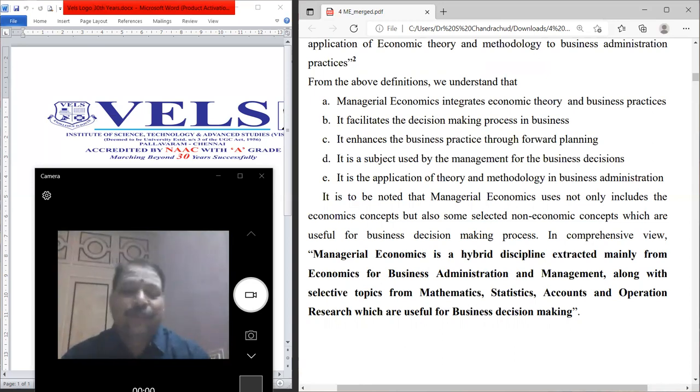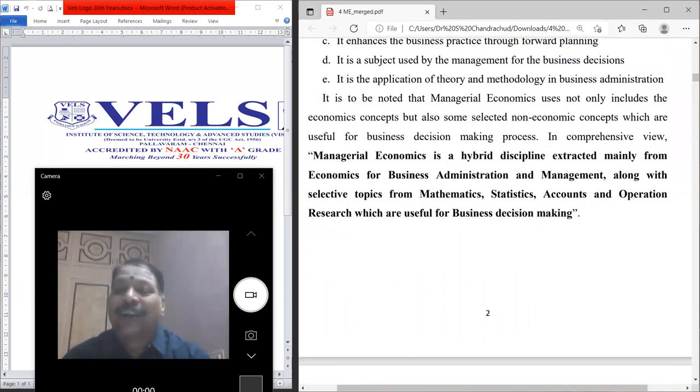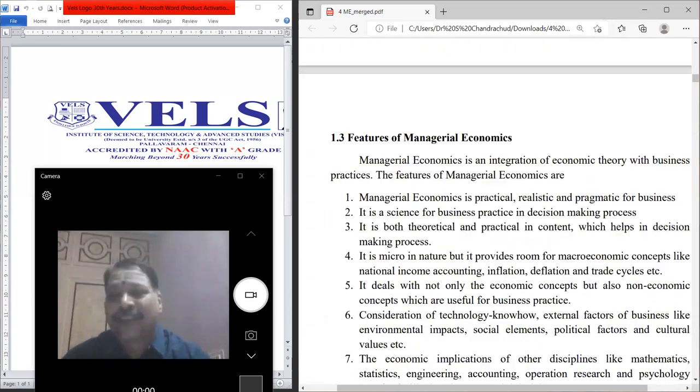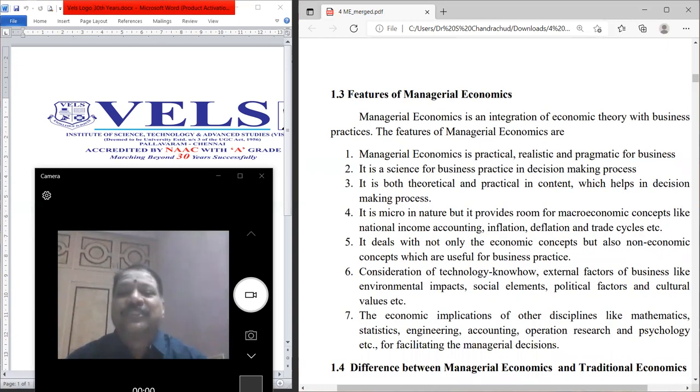That is why we say managerial economics includes not only the economic concept, but also the non-economic concept.